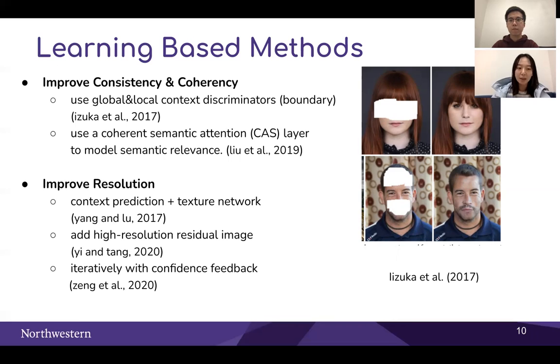Other approaches aim to improve the resolution problem. For example, by combining the context prediction with a texture network, the texture network can improve the resolution. And adding a high resolution residual image is also a way to improve the resolution. Another way is to iteratively generate images, then output the confidence feedback, and improve the resolution iteratively.